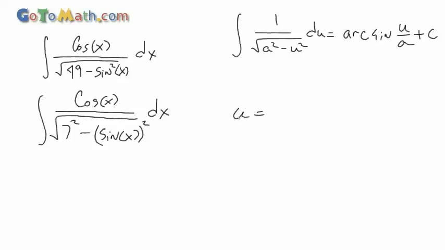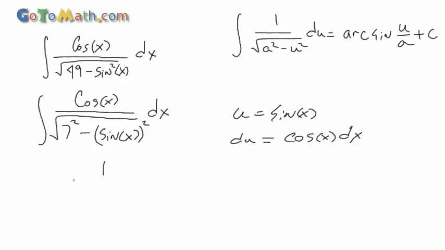Now don't confuse this u and this u, these are two different u's, okay? u is equal to sine x, and du is equal to cosine x dx. We have a cosine x and a dx in the numerator, so we replace that with the du.